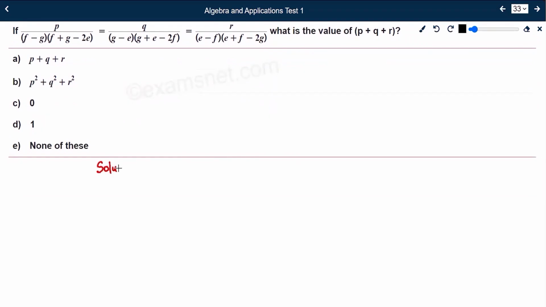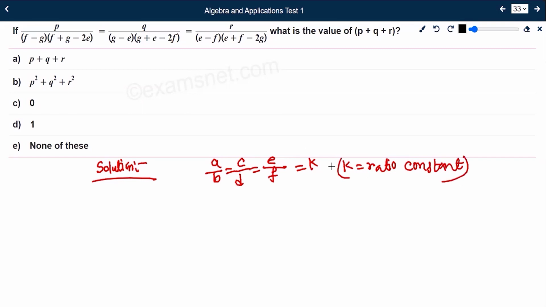So first, let me tell you that if some ratios are equal, let's say a by b, c by d, and e by f, these three ratios are equal. So we can assume them to be equal to a value k, where k is the ratio constant.